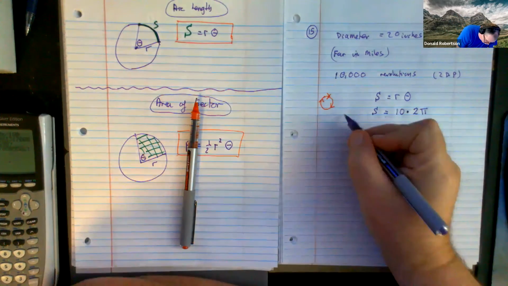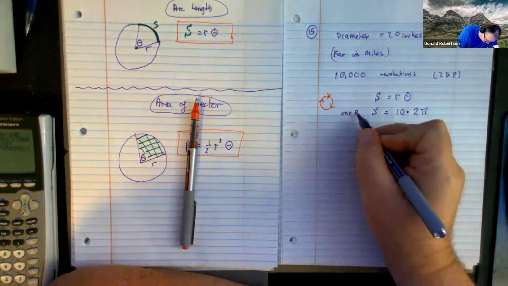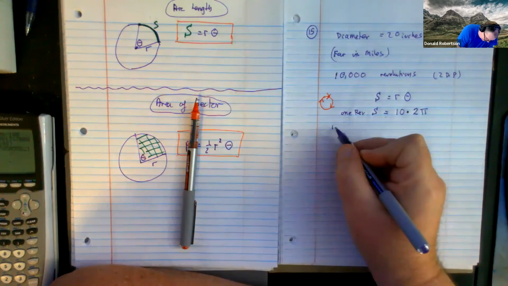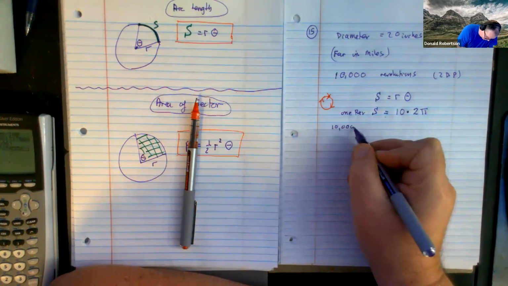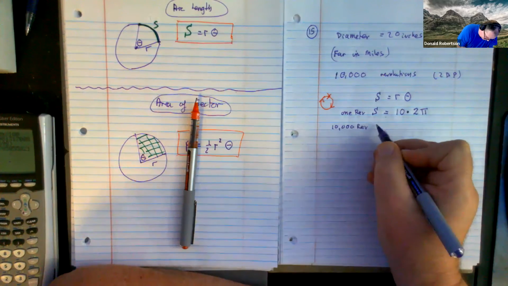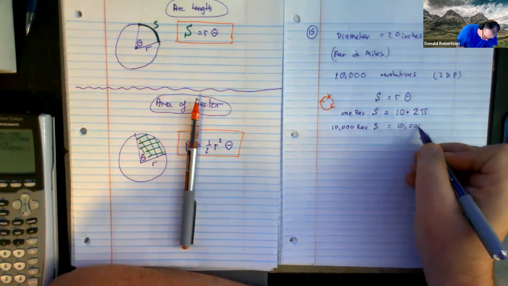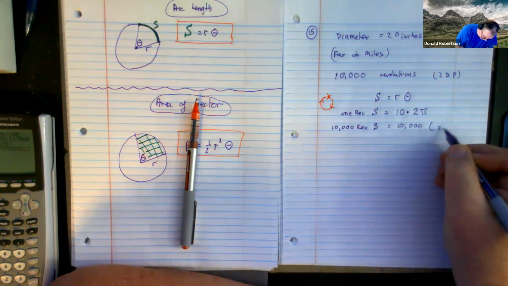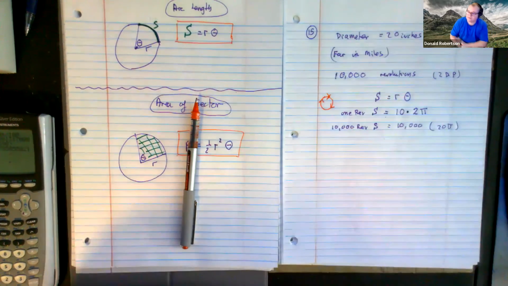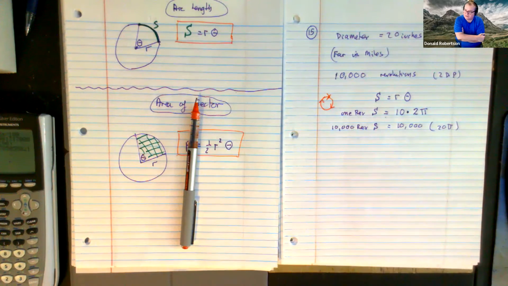Now, that's 1 revolution. It does 10,000 revolutions. Won't you just do 10,000 times that guy, which I'm now going to call 20 pi? Are you happy about where that calculation came from? One revolution is 20 pi, 10,000 revolutions is 10,000 times that.